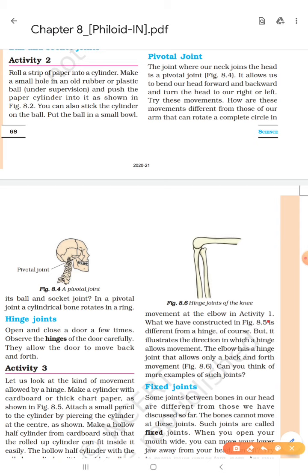These hinge joints allow us only back and forth movements, just like a door moves in back and forth direction. It can move in one or two directions, not in every direction. So a hinge joint only allows back and forth movements.